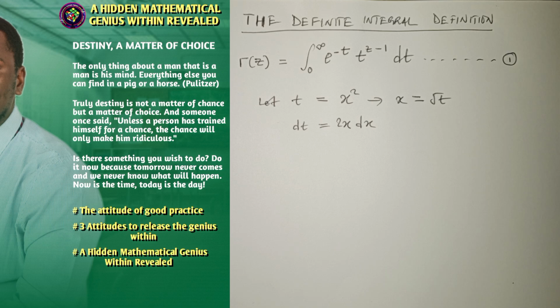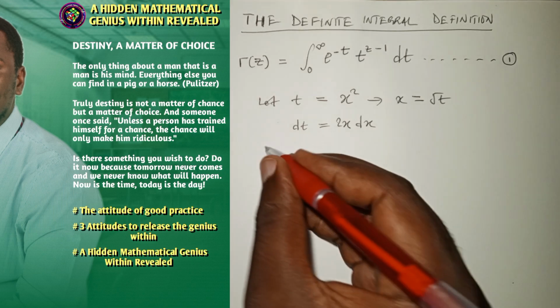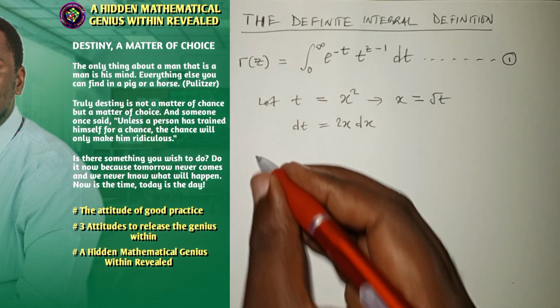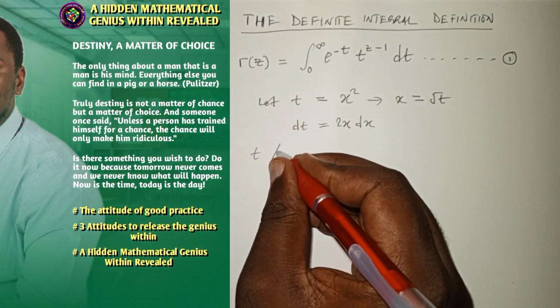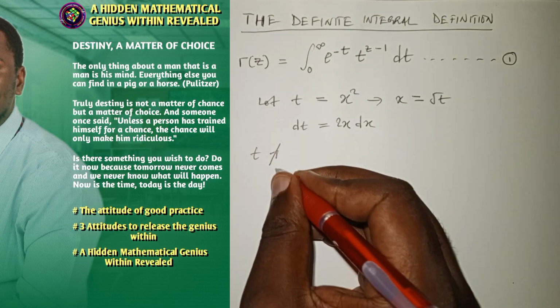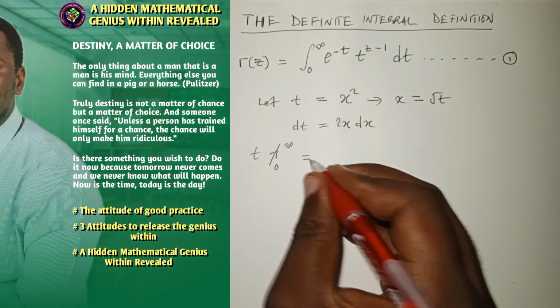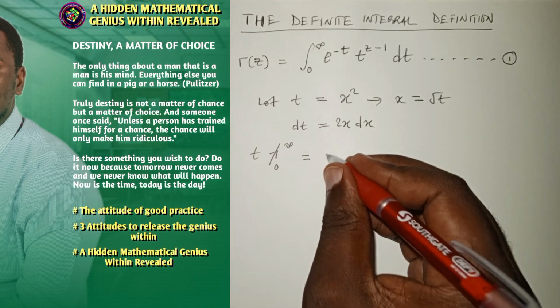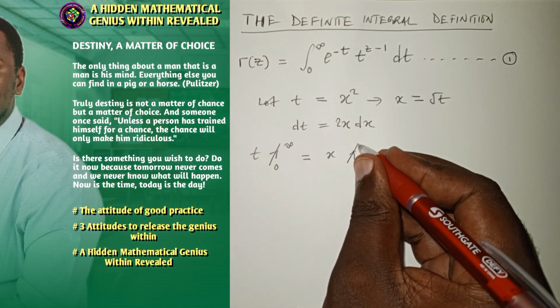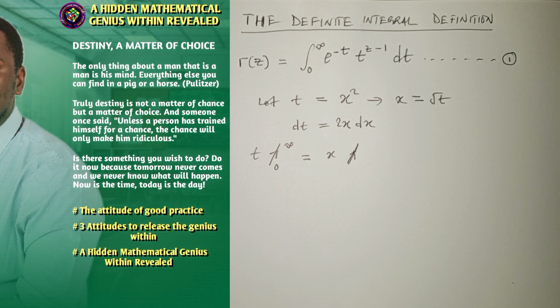When we change the variables, even the limits must change. Our initial limits were t from 0 to infinity, and this is converted to x. So we want to know the limits for x.